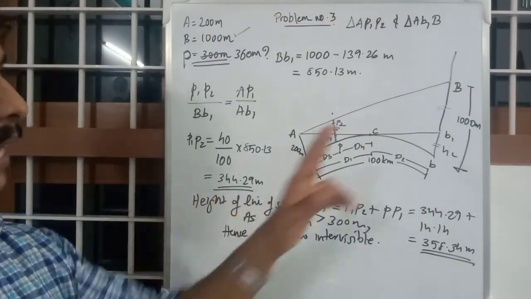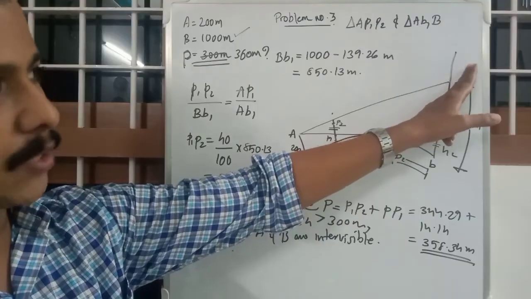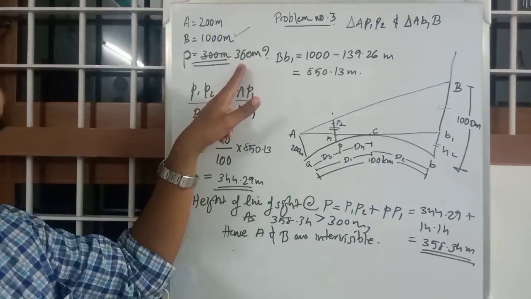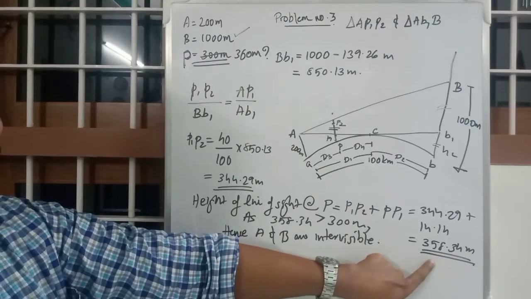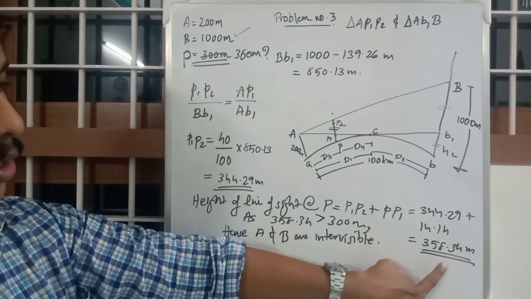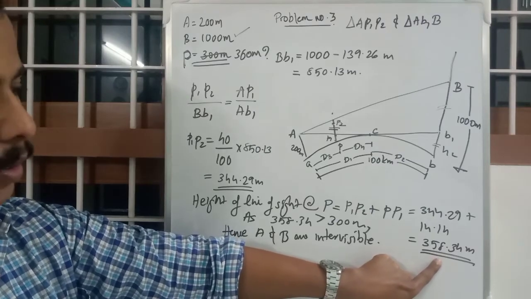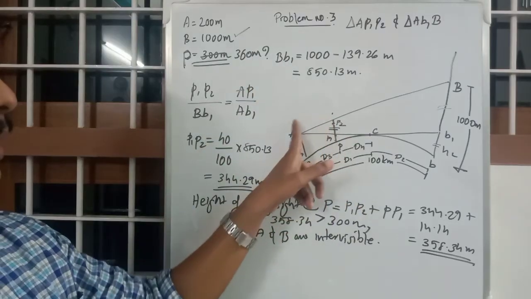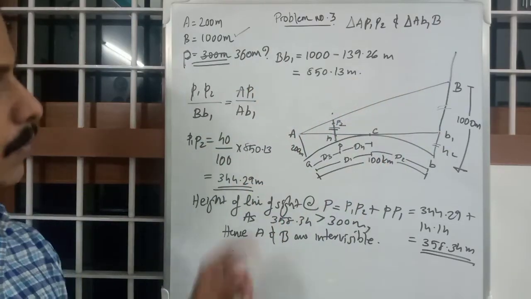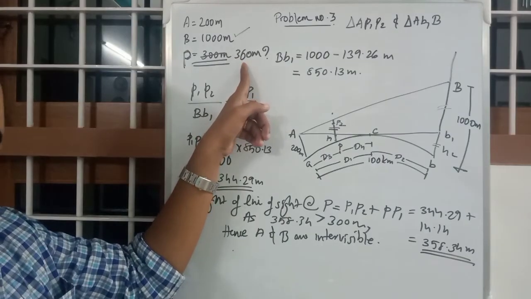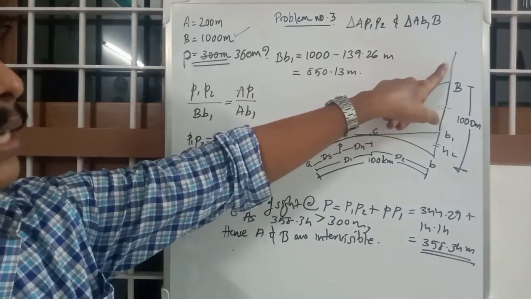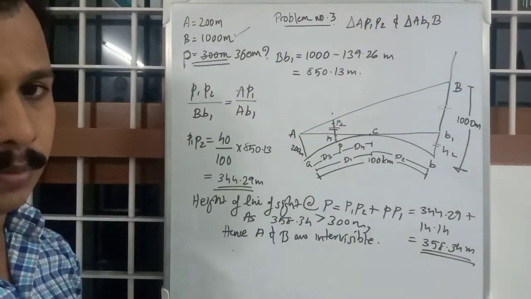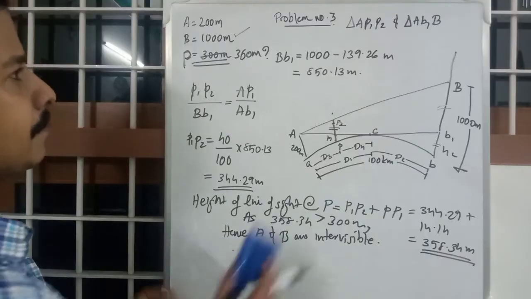The height of scaffolding that you need at B, so that you can overcome the height of 360 meters. Obviously, because the height of line of sight is 358.34 meters right now, if the height is raised to 360, A and B will not be intervisible. So what should be the height of scaffolding to which B should be raised in order to become intervisible? Okay, so we'll move on to that.